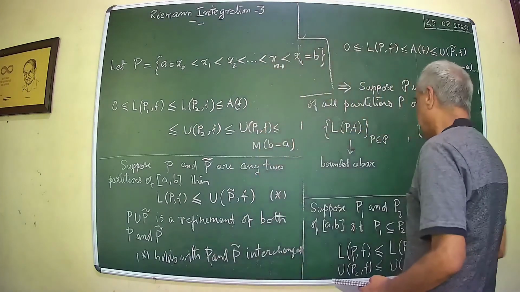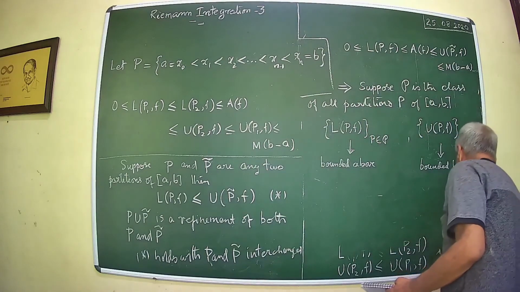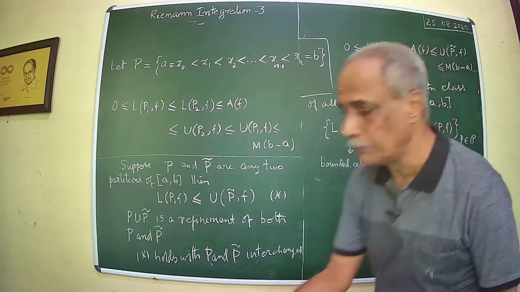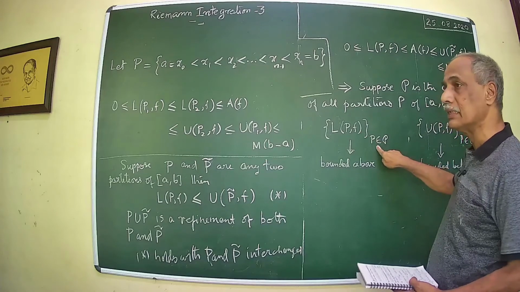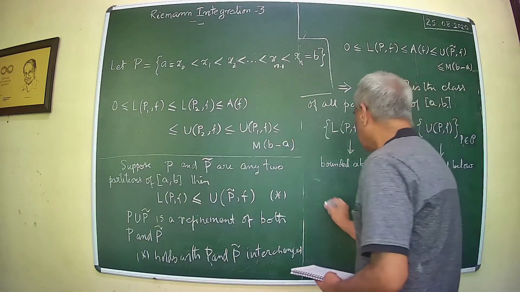Analysis comes into play, the properties of the real line come into play, and it says that if this set of numbers is bounded above, there is a least upper bound or supremum.